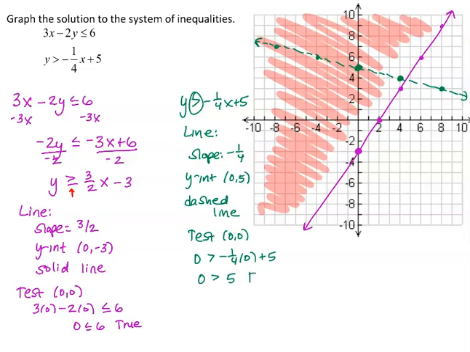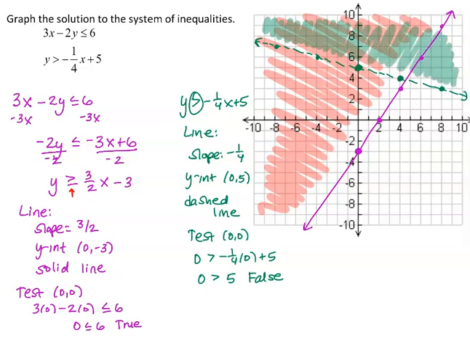So 0 greater than 5, this time we have a false statement. So this is telling us the shading should be on the side of the line where we don't have 0, 0. So 0, 0 is down below our line, so we want our shading to be up above our green line.